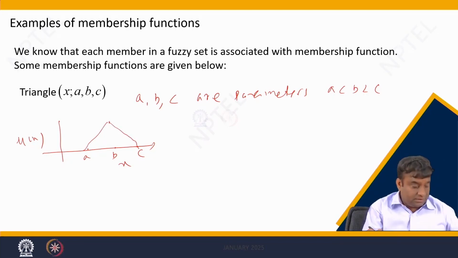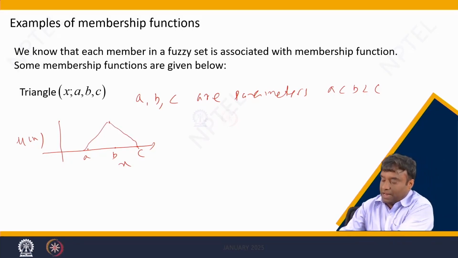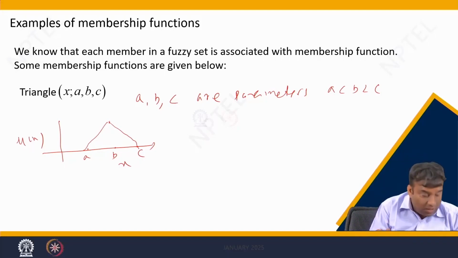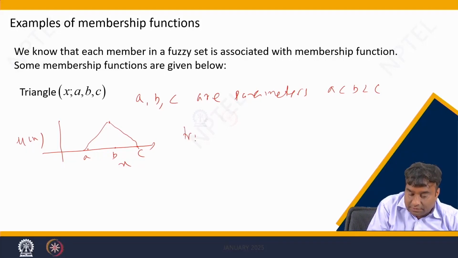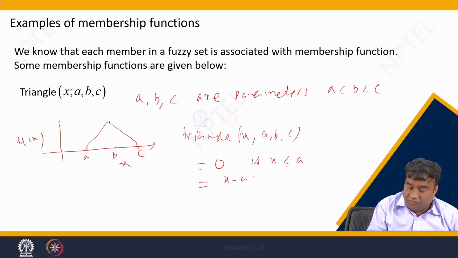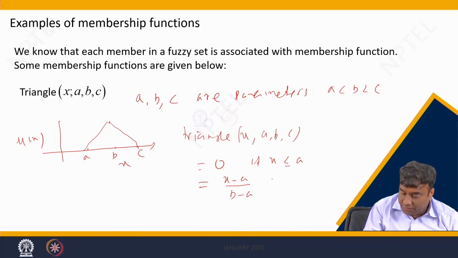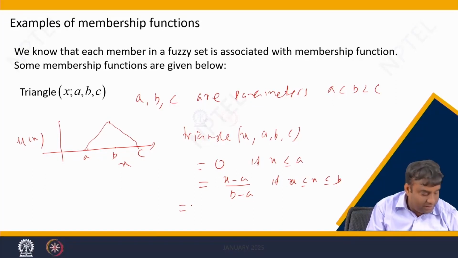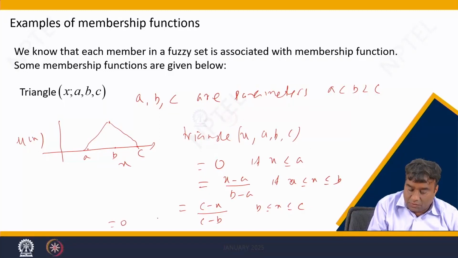We can write the triangular membership function, triangle x a b c, as equal to 0 if x is less than or equal to a; equal to x minus a divided by b minus a if x belongs to a to b; equal to c minus x divided by c minus b if x belongs to b to c; and equal to 0 if x is greater than c.